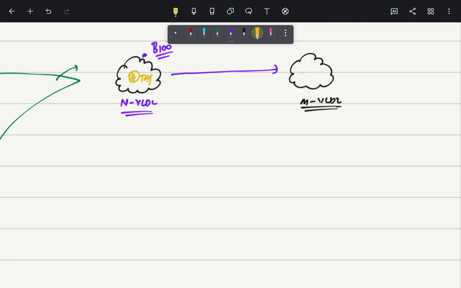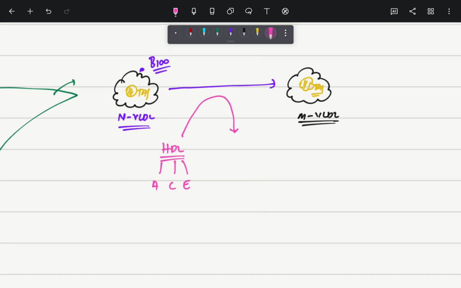What is the main lipid component? Obviously, it is triacylglycerol. And HDL has three apoproteins, apoprotein A, apoprotein C, and apoprotein E, and it donates two apoproteins, your apoprotein C and apoprotein E, to the nascent VLDL.